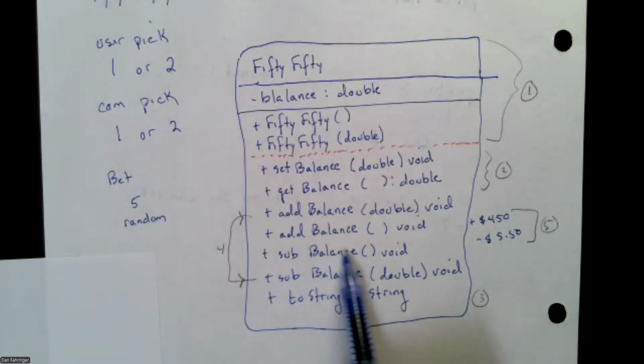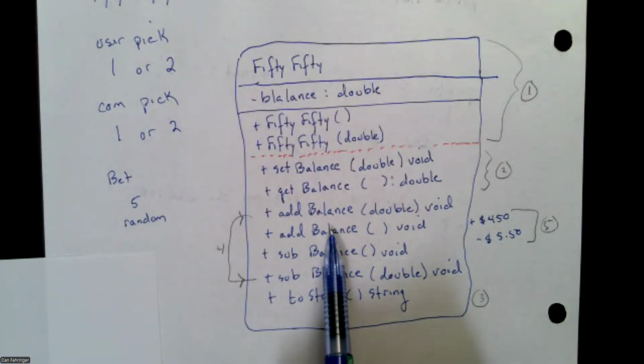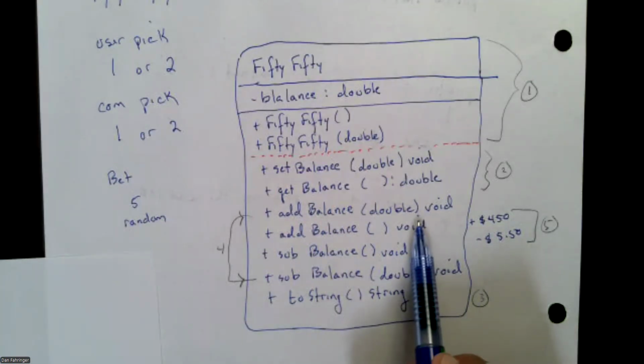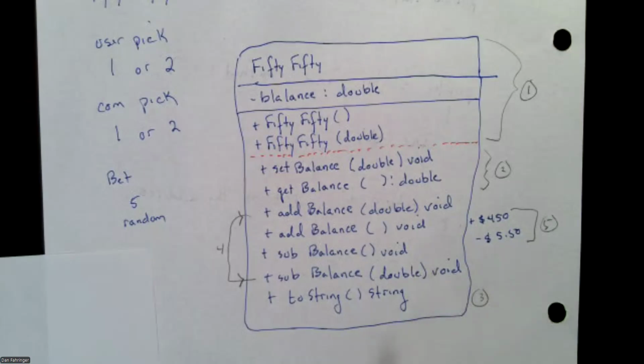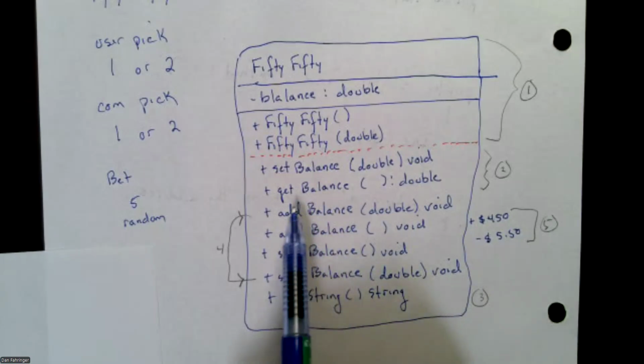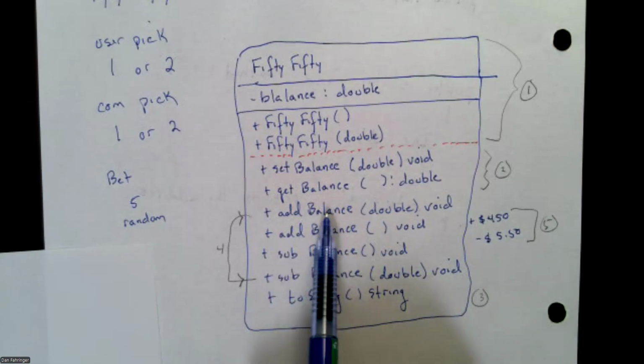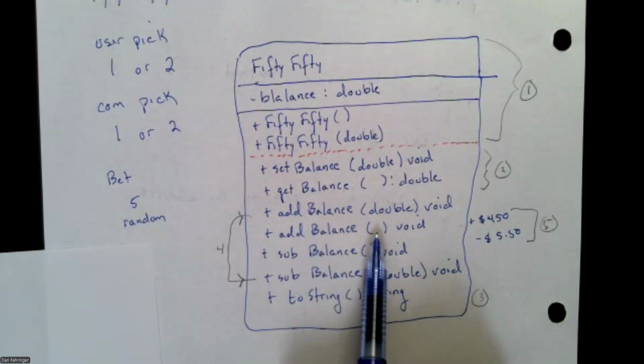So I'm going to call sub balance because it knows how much I'm going to lose. If I win, I add $4.50. So this is for when they don't want to bet. This one and this one are for when they want to bet. Same names, different variable list. It's overloaded.